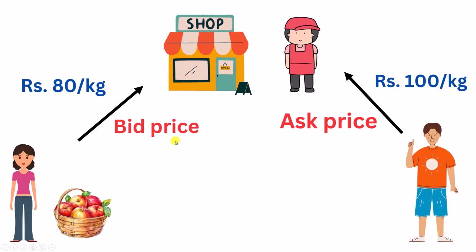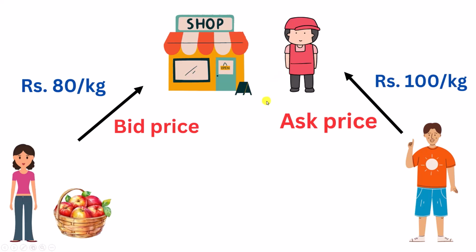So bid price and ask price, and the difference between ask and bid is called a spread. I hope you have understood it. This is the way by which the shopkeeper makes profit, by having a difference between ask and bid price. So 20 rupees per kg is the profit of the shopkeeper.